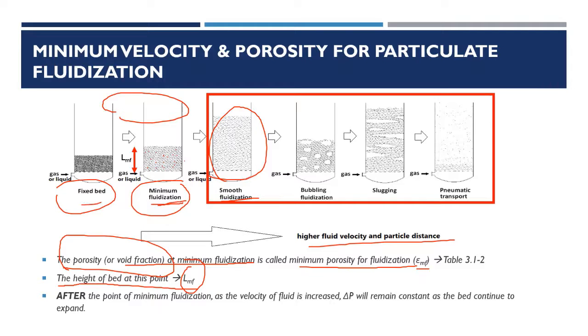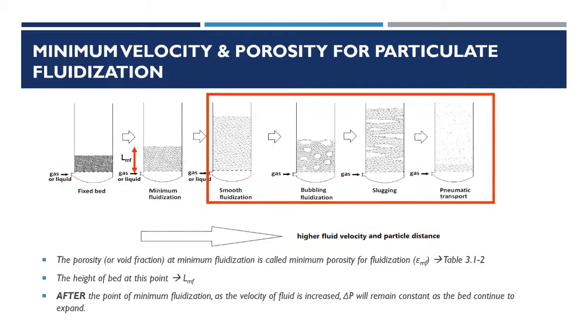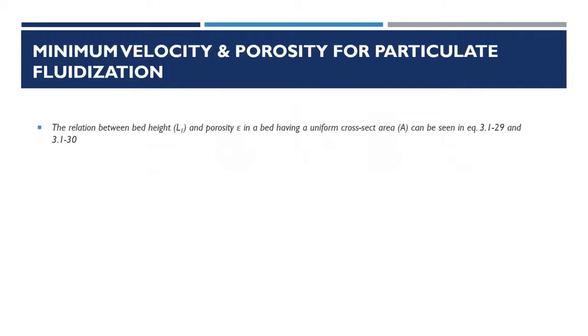So from fixed bed to minimum fluidization, there is a change in delta P. From minimum fluidization to smooth fluidization, there is also a change in delta P. However, since in smooth fluidization all of the particles have already fully fluidized, there is no more change in delta P, and also no change in delta P in bubbling, slugging, and pneumatic transport.